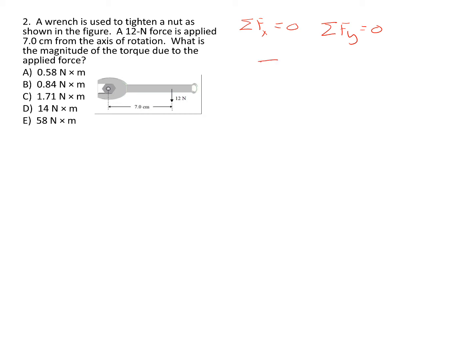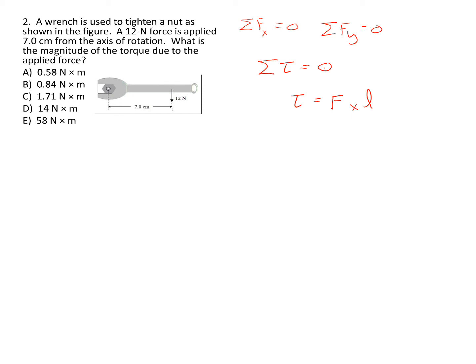For rotational, the net torque, tau, is zero. We know an equation to calculate the torque: force times lever arm, the perpendicular distance from the axis of rotation to the force.